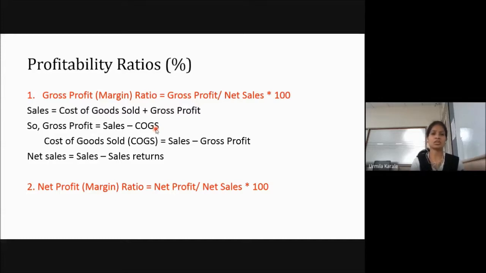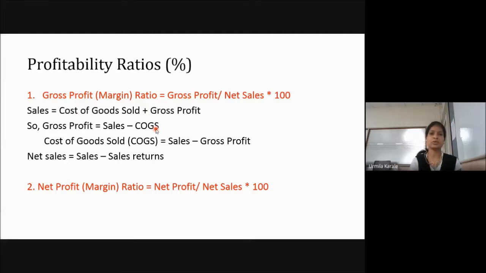Now the total cost comes to, suppose, 10 lakh. Okay, this is the cost of production, 10 lakh. Now see, you haven't sold all the units. What you have done? Some of the units you have kept in the warehouse and the remaining you have sold. So what we are doing? Out of this 10 lakh rupees cost, we are subtracting the cost of the products which are still with you. You haven't sold them. So suppose out of this 10 lakh, you have a closing stock of 2 lakh.